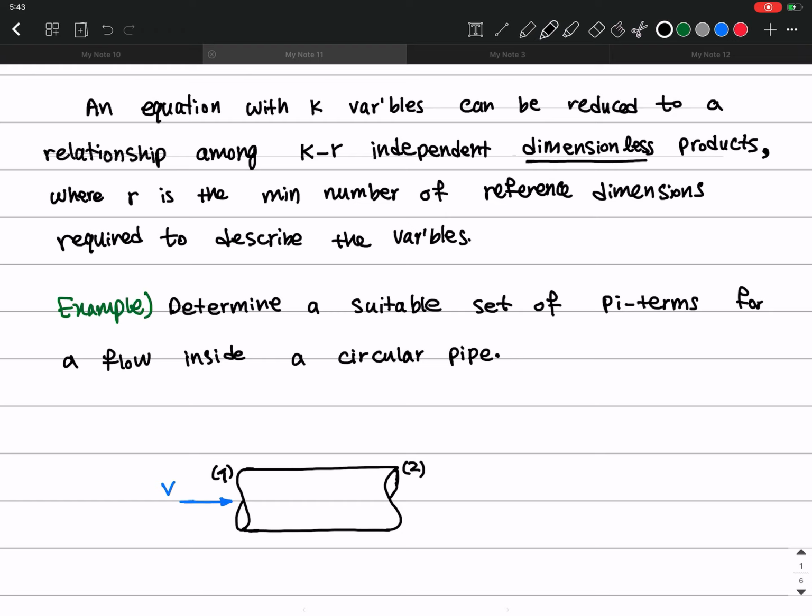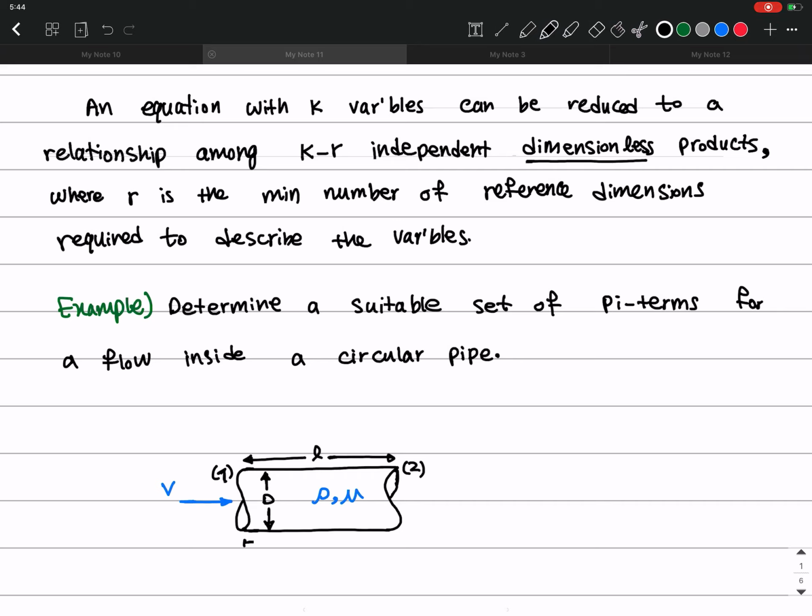This length is L. The diameter of the pipe is D. The density and viscosity of the fluid are rho and mu. Let me show them with this color because these are specifications and properties of water.